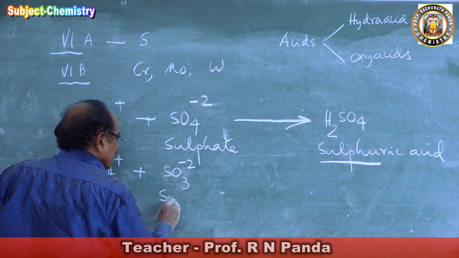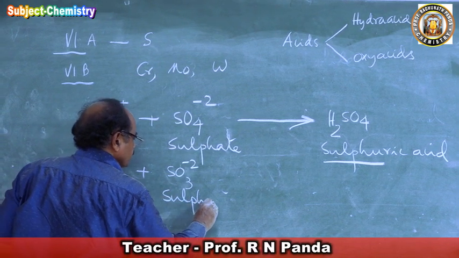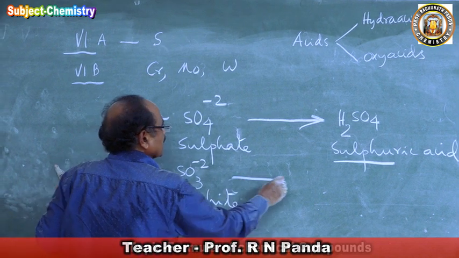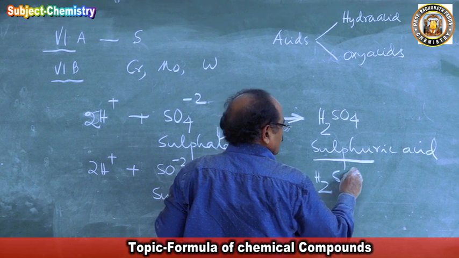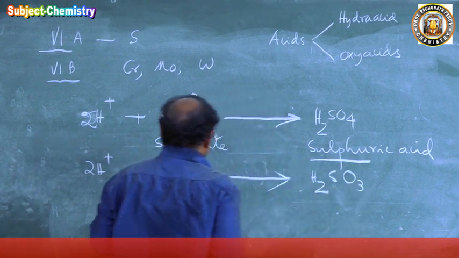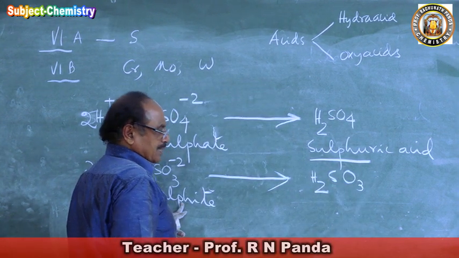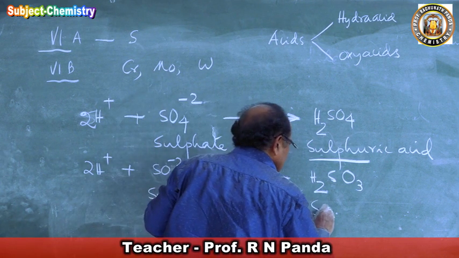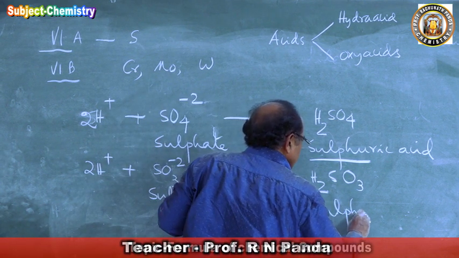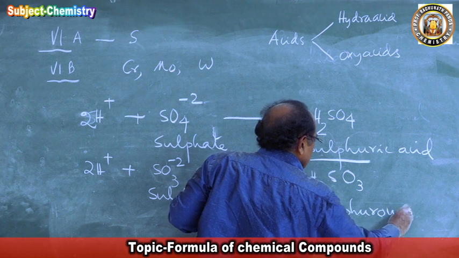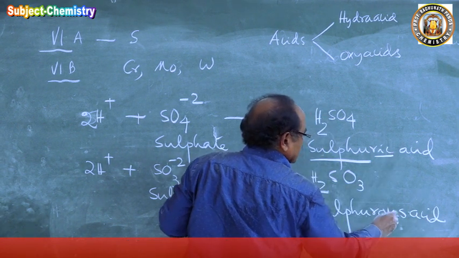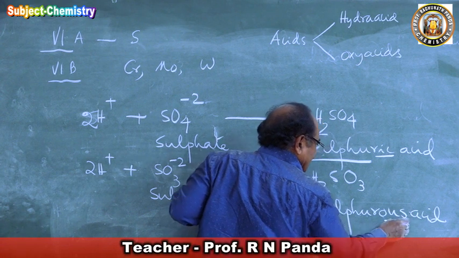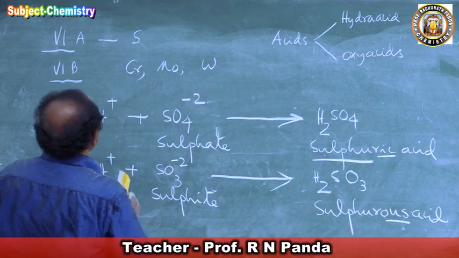SO3 minus 2 is sulfite. This will form H2SO3. So the ITE radical will form OUS acid, so sulfurous acid. The ATE radical will form IC acid, and the ITE radical will form OUS acid.